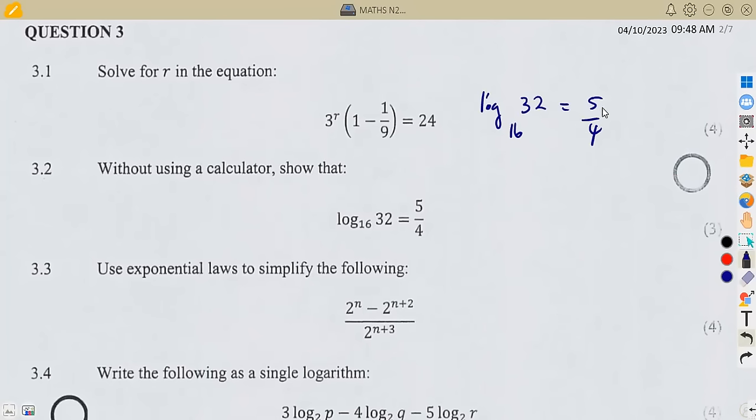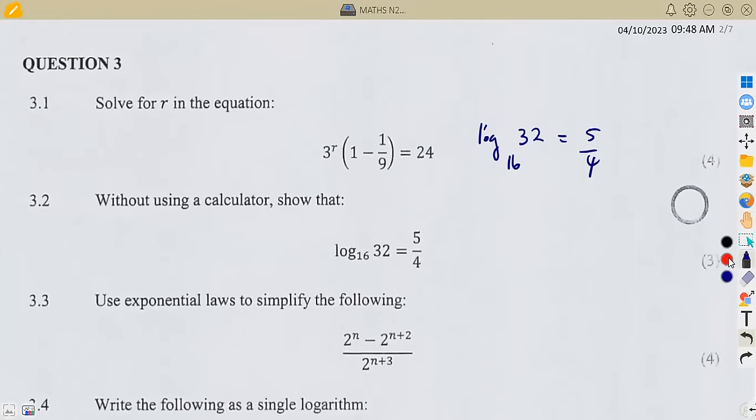This is from our laws of simplification, changing a log to an exponent. We know that the logarithm of a in base b, which is equal to c, can be written as a, which is our number, equal to the base b to the exponent of c. So we can change this to exponent form.